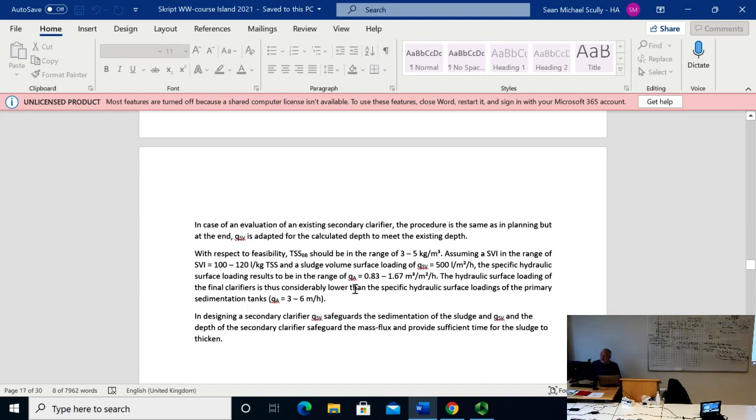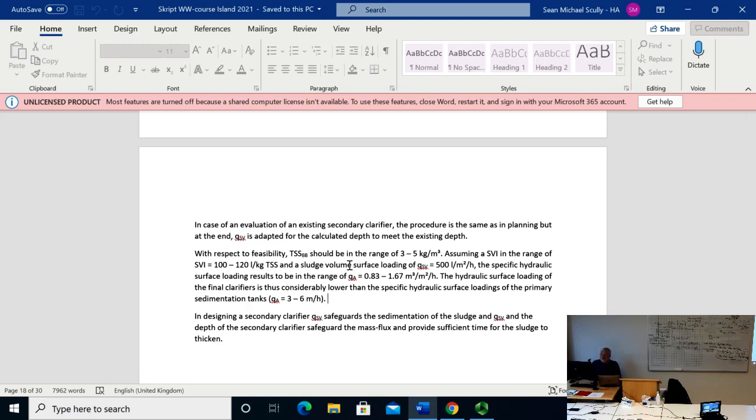The hydraulic surface loading of the final clarifiers is thus, with this surface loading, considerably lower than the specific hydraulic surface loading of the primary sedimentation tank. And there we see that the settleable matter, of course, has better settling and thickening characteristics than our activated sludge. No?